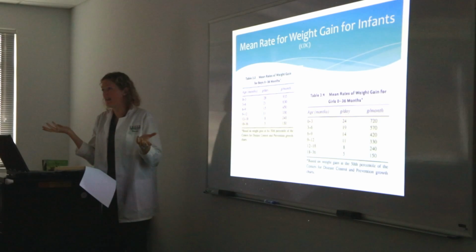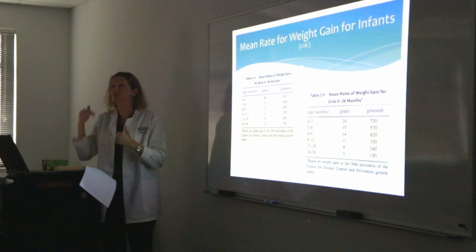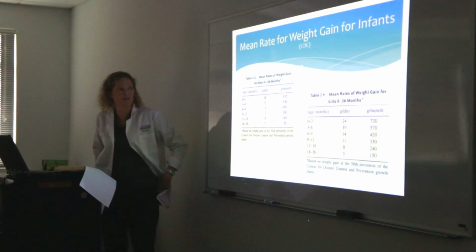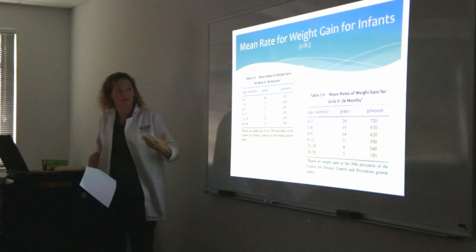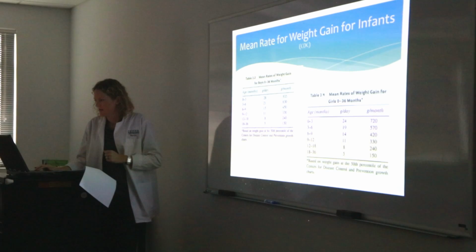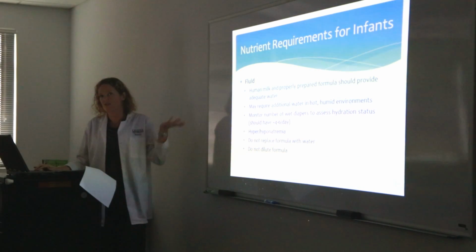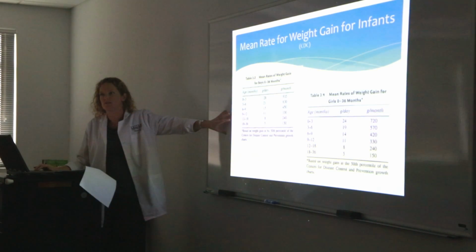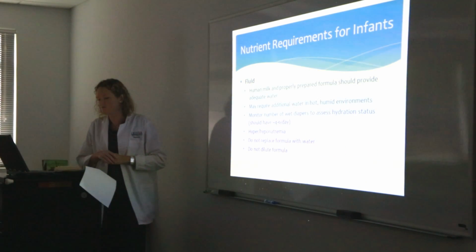If it's only 7 grams a day, he's not gaining enough weight. So you need to do something. You need to put an intervention in place, increase his calories or increase the volume of formula or breast milk. Okay, and the growth charts are based on these numbers. So that's where they get the growth chart, is from these average daily weight gain numbers.